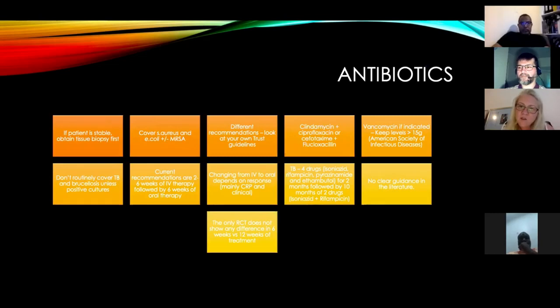With regard to the duration of antibiotics, we tend to do 12 weeks in total, but the literature doesn't necessarily support this. And again, I'd be guided by your local microbiology consultants. The only randomized controlled trial doesn't show any difference between 6 weeks and 12 weeks of treatment.